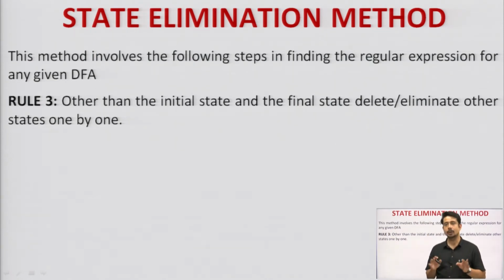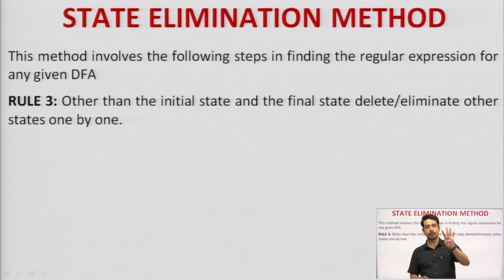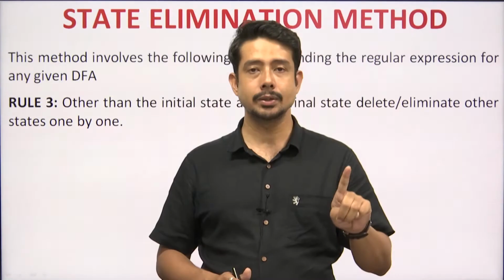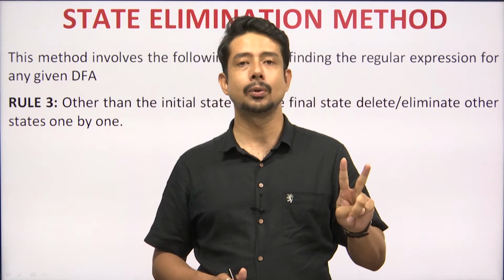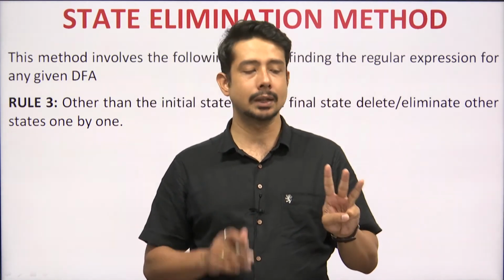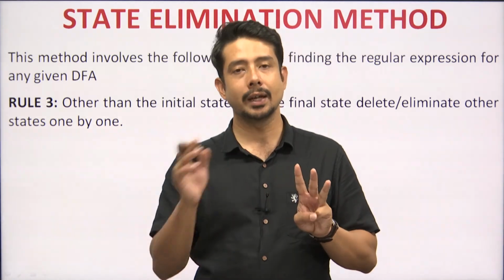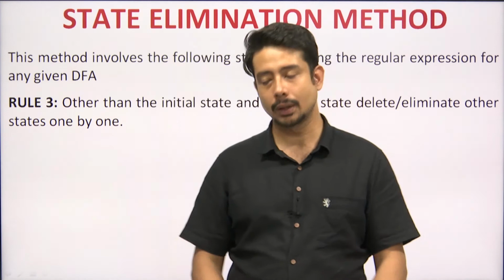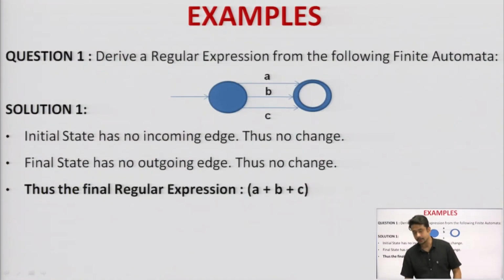So, I think this is all about the algorithm process. There are 3 rules. The first rule says that the initial state should not have any incoming edge. The second rule says that the final state should not have any outgoing edge, and the third rule says that except the initial state and the final state, delete or eliminate the other states one by one. Let us now check a few examples one by one.